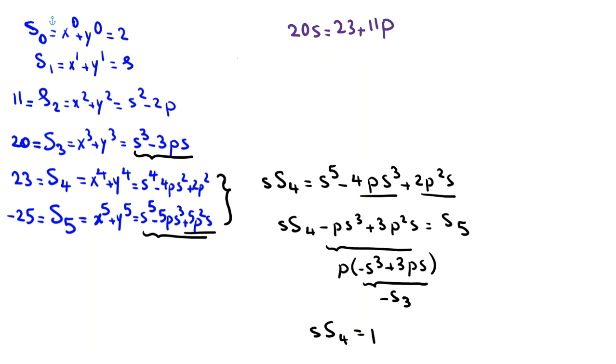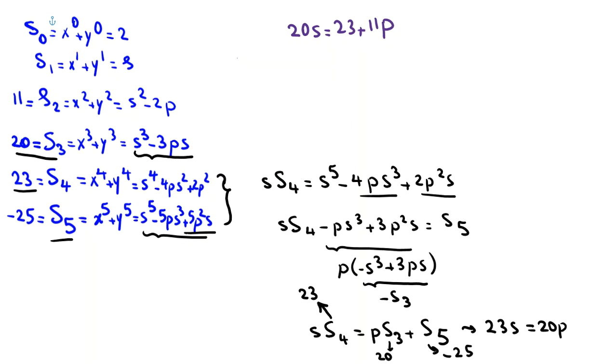If you take it to the right hand side, it will be pS3 plus S5. So if I replace S4 is 23, S3 is 20, S5 is negative 25. So we conclude 23s equals 20p minus 25. So I write here 23s equals 20p minus 25.